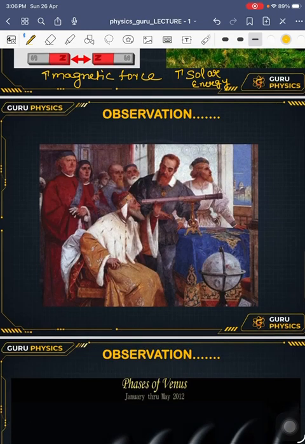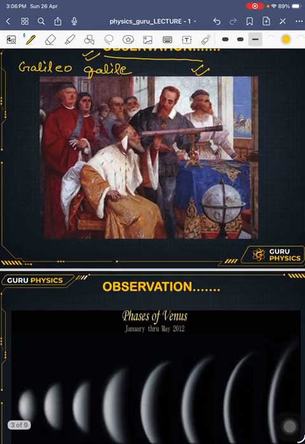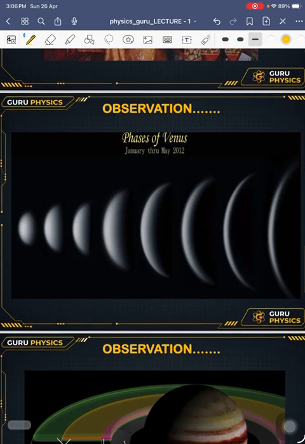Now, if we want to know how these ideas come into the mind, the first is observation. The idea comes into the mind via observation. As you can see in the visual, Galileo Galilei did observation through his telescope, and he found via observation that Venus has different phases.